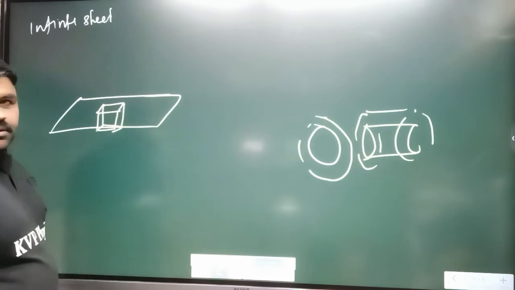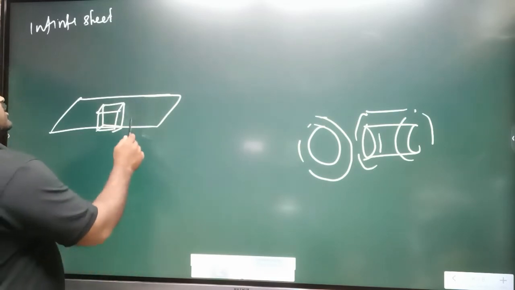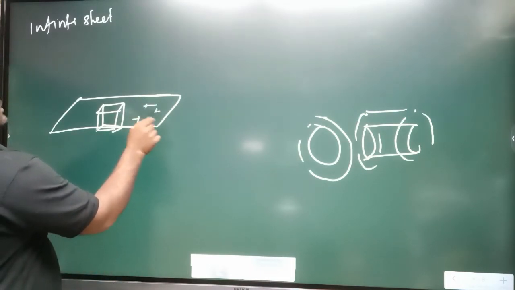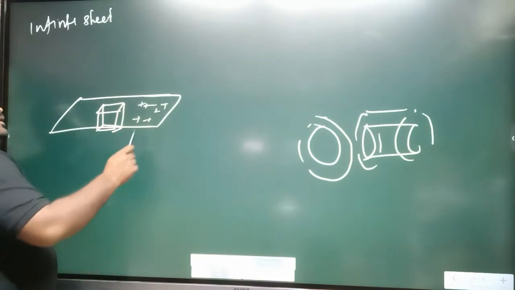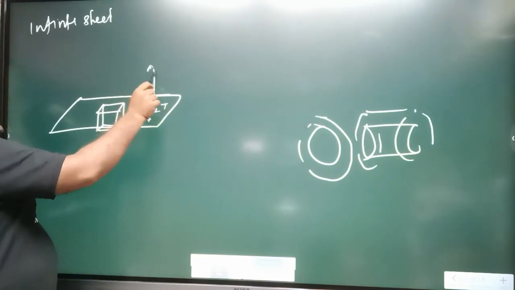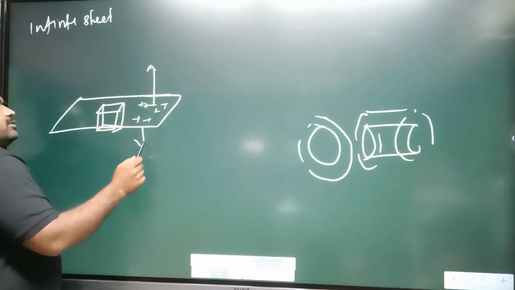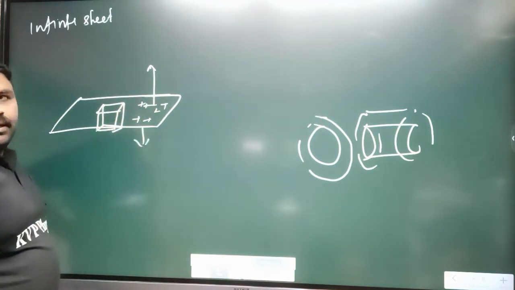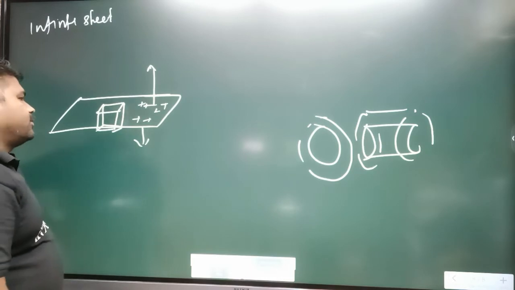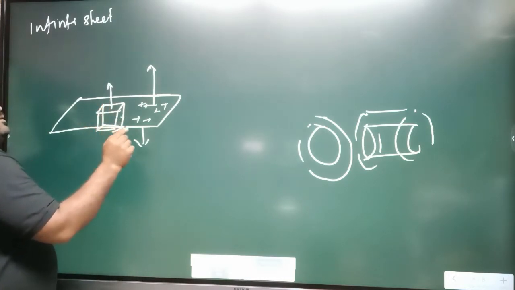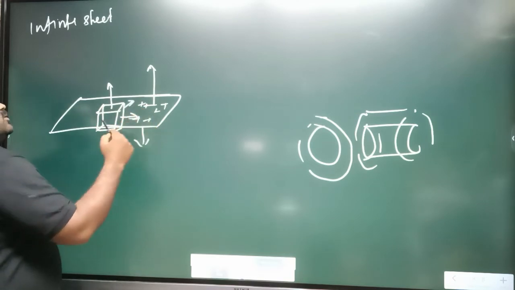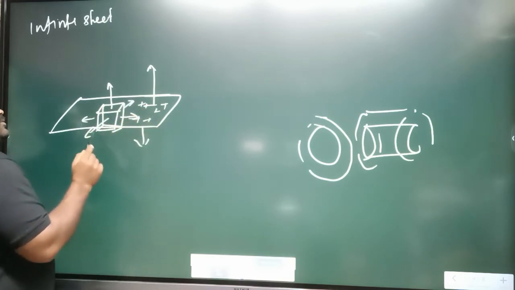Charge is present on the surface, yes or no? Like charge is here. Electric field direction is this one, yes or no? Here, the area vector direction is this one, this one, this one, this one.